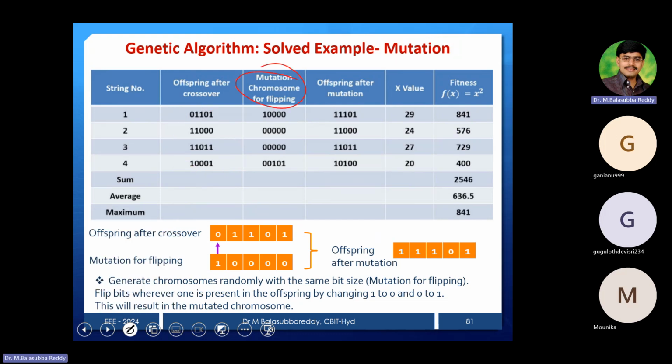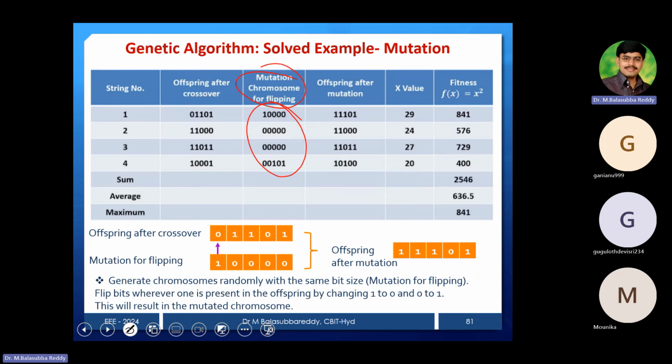Again, we have a number of methods in mutation. Flipping or bit swapping, or anything you can take. What I will do is randomly select these four chromosomes. In that, wherever 1 is there, that bit will be swapped. That is only one of the mutations.